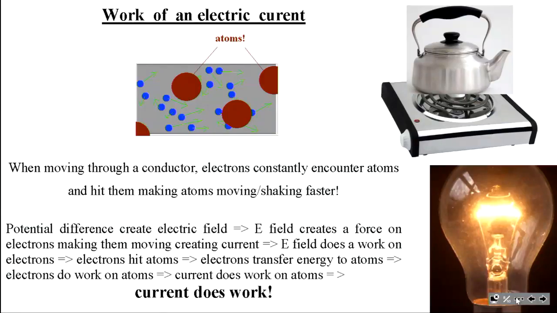And because of that, the electric field does work on electrons, making them move. But electrons collide with atoms, and after every collision, every atom starts moving a little bit faster. If kinetic energy increases, that means temperature increases. And if it's high enough, we can use it for different purposes.